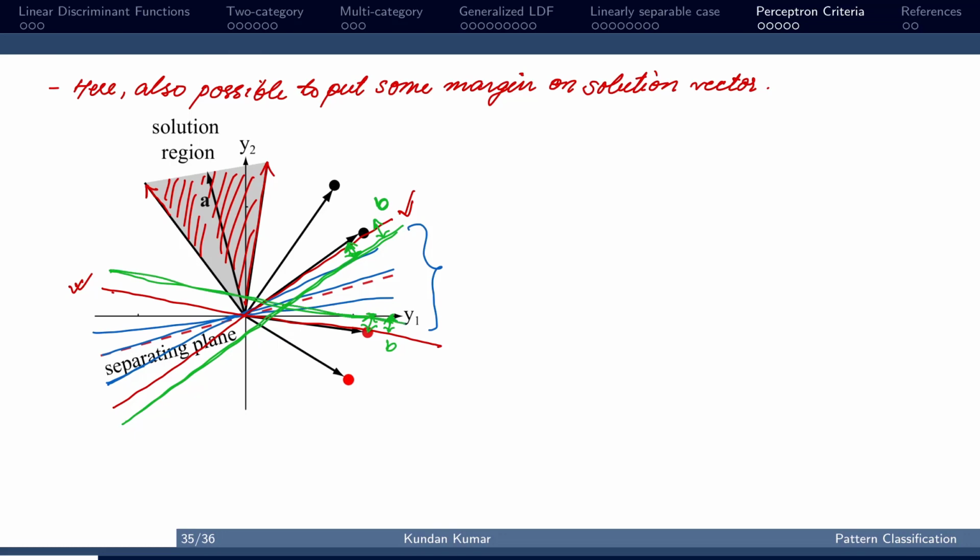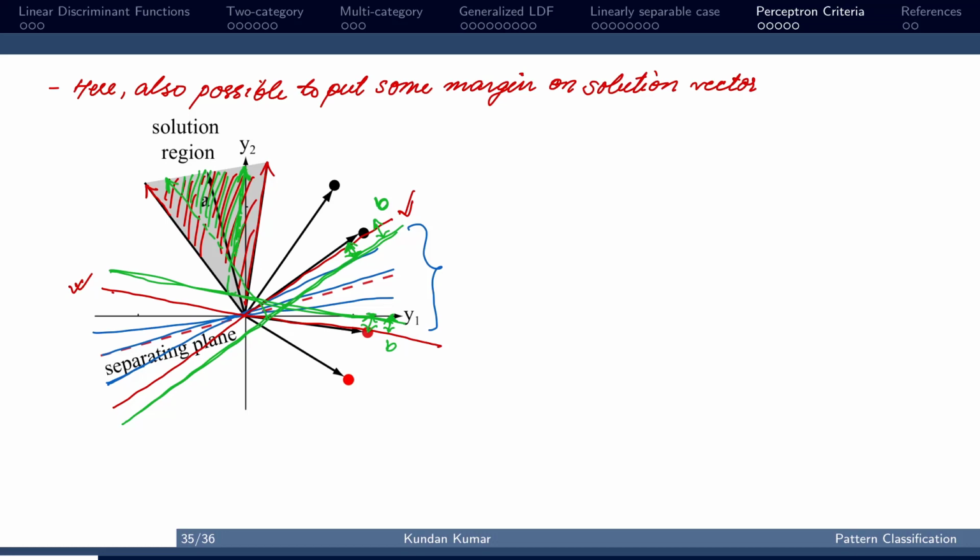Then if we take the perpendicular vector on these decision boundaries, our solution vector will be something like this, and for this our solution vector will be something like this. Okay, then we will have the solution region with margin of safety.